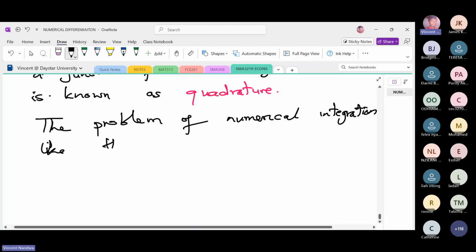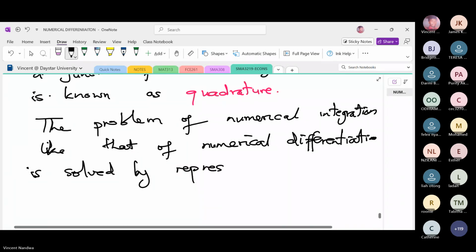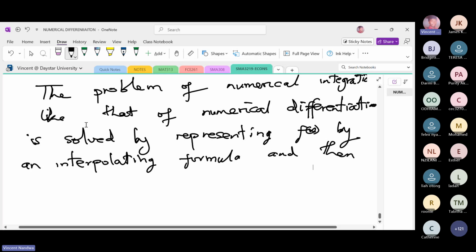So like numerical differentiation, numerical integration is solved by representing the integrand f of x by an interpolating polynomial, then integrating it within the given limits.